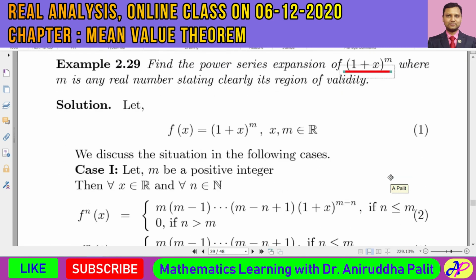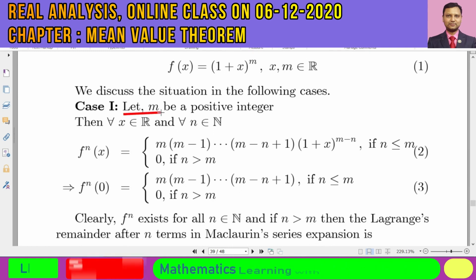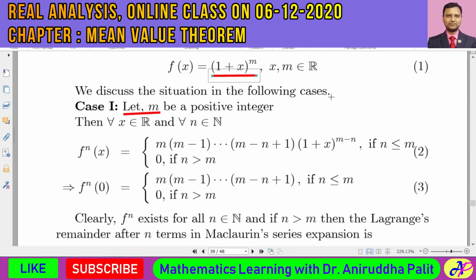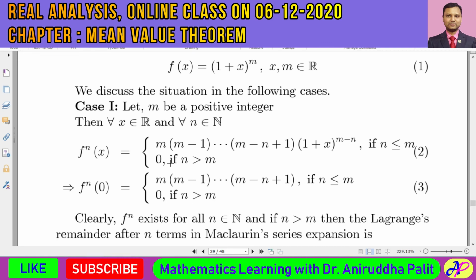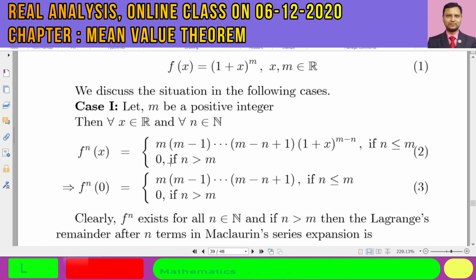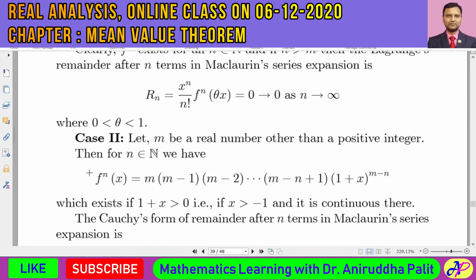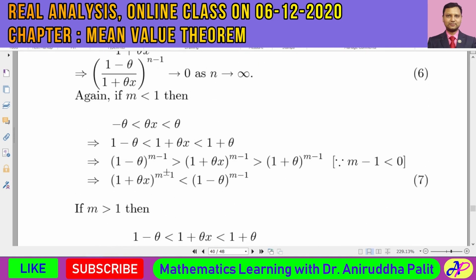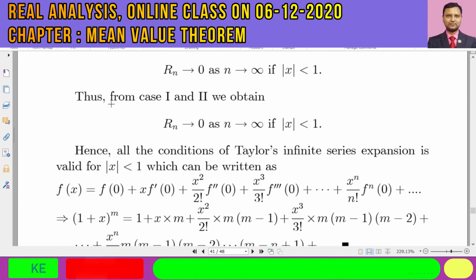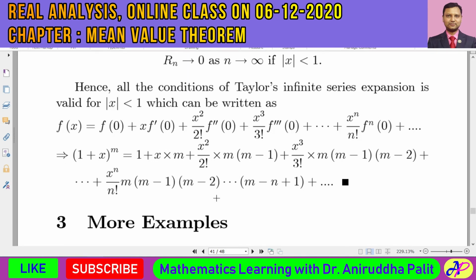We know that if m is a positive number, then we can expand this expression using the binomial law. But if m is any real number, maybe a fraction, maybe a negative number, maybe rational or irrational, in that case also we can expand this expression, and all the calculations are shown over here. I am leaving this calculation for you. I am not going to discuss it, because the discussion is getting very boring.